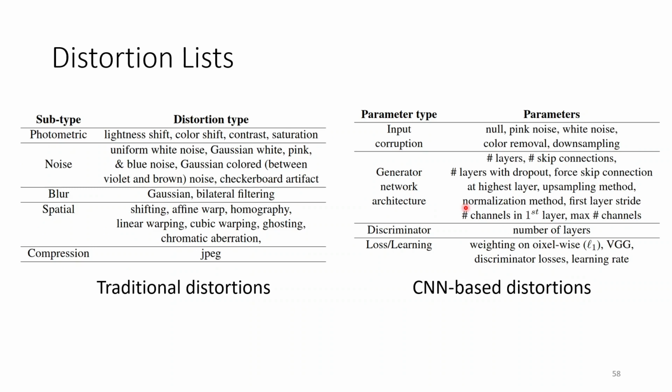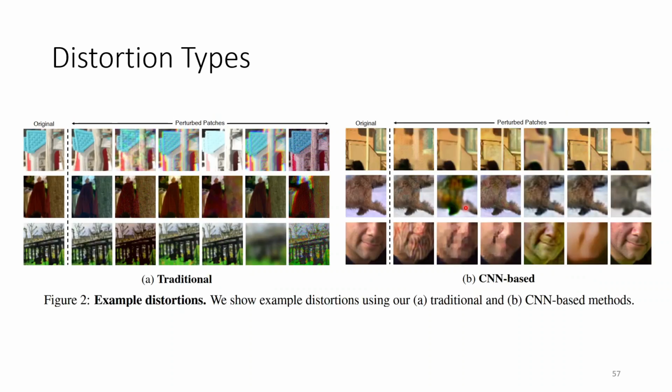Because the research was done in 2018, just 5 years ago, many distortions were created by convolutional networks. So in addition to traditional distortions, they also create a dataset for convolution-based distortions. They look like this one, with a lot of strange patterns.